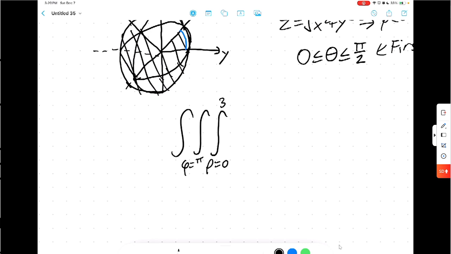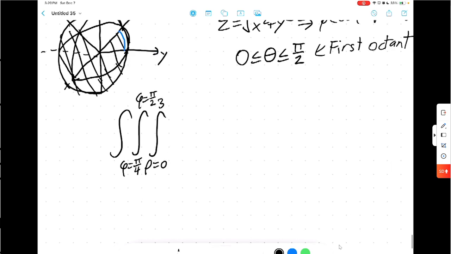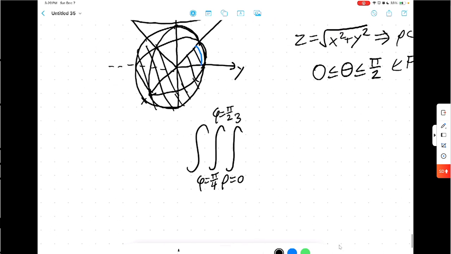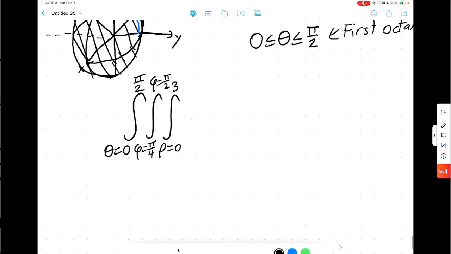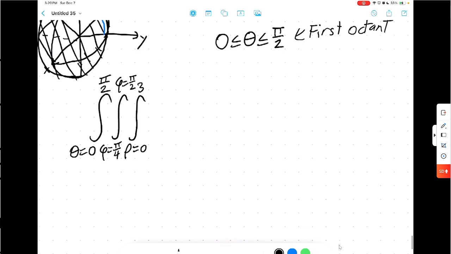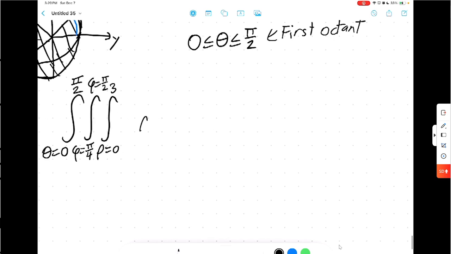So phi is equal to pi over 4 will be the lower bound, and then the upper bound will be given by pi over 2 since we're in the first octant. And theta is equal to 0 to pi over 2. And finally, we have z, which is just rho cosine phi. Rho squared sine phi d rho d phi d theta.